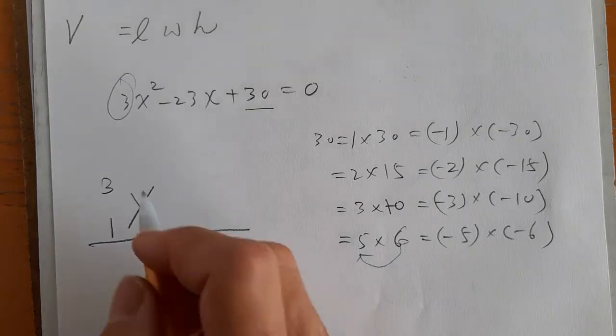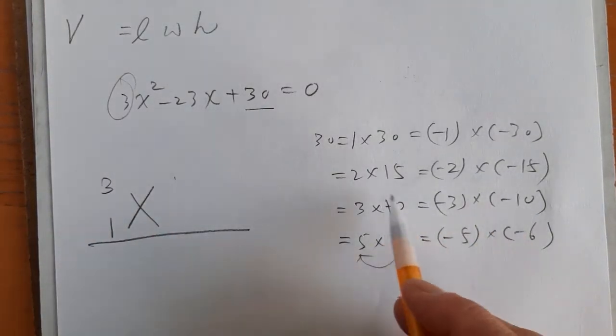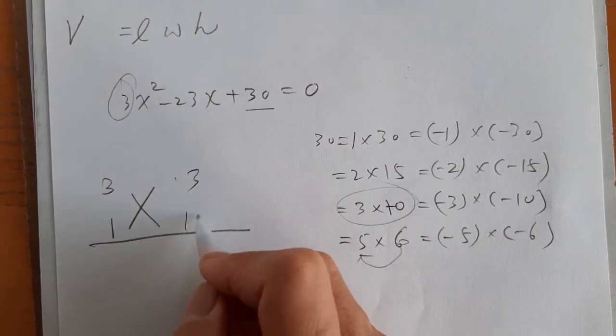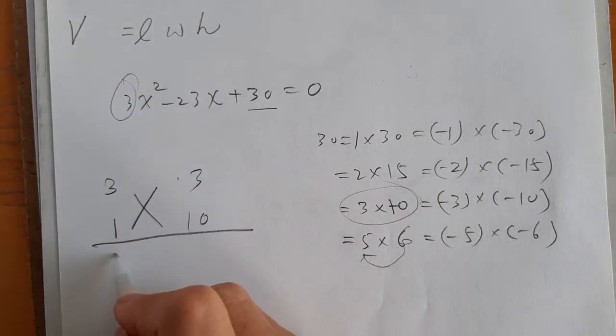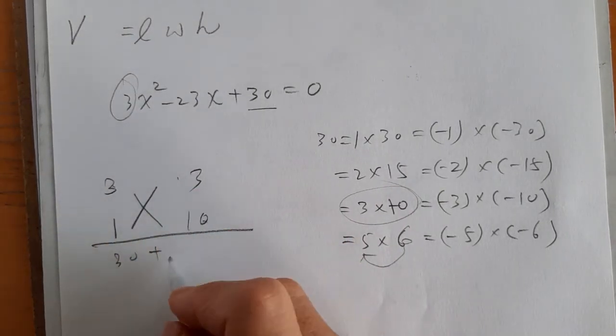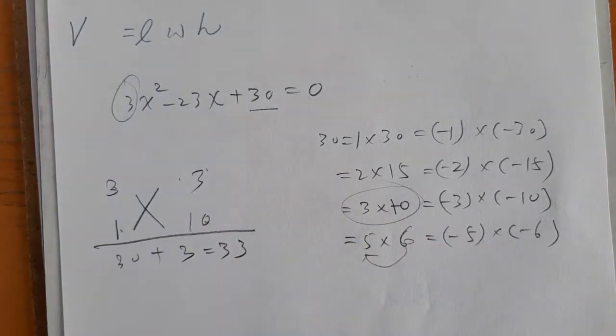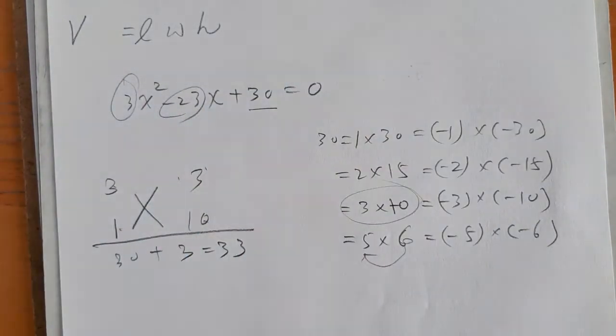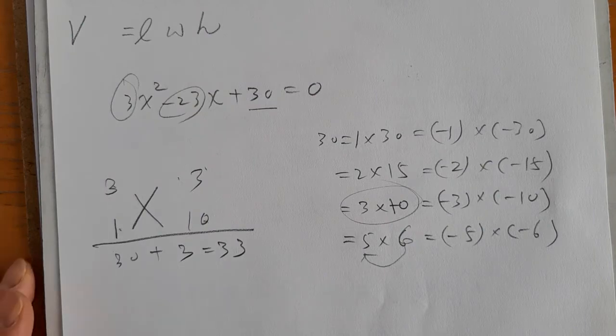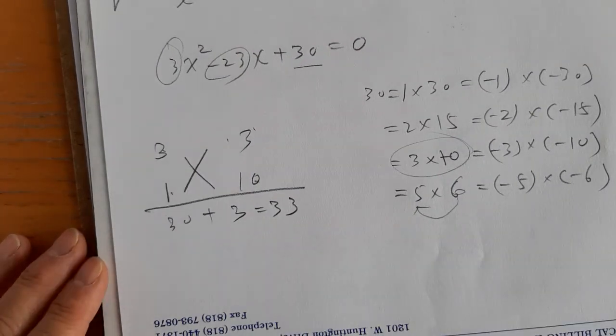Now you put them here. For example, if I put 3 and 10 and cross multiply, plus 30, 3 times 10 is 30, 1 times 3 is 3, added together 33. But we want -23. So you try others.